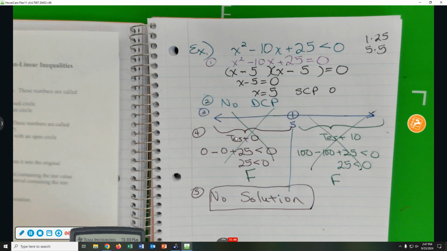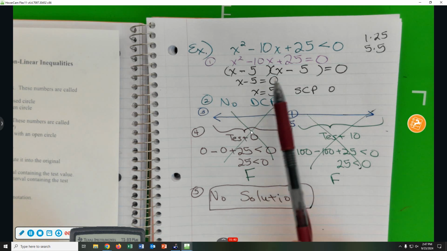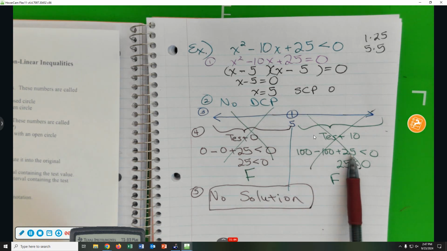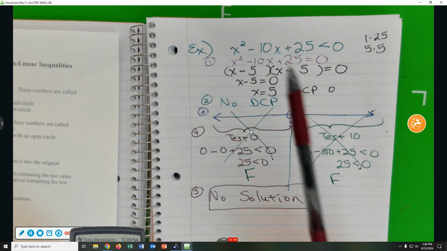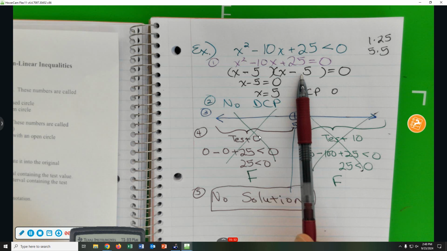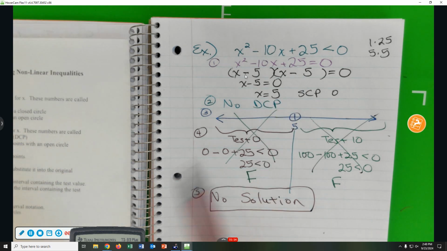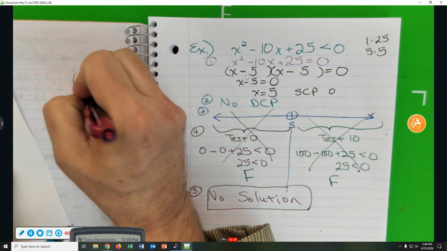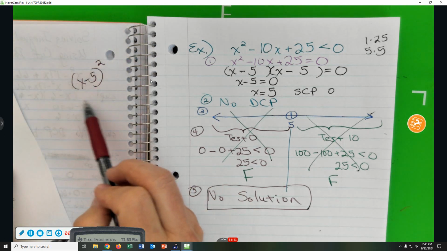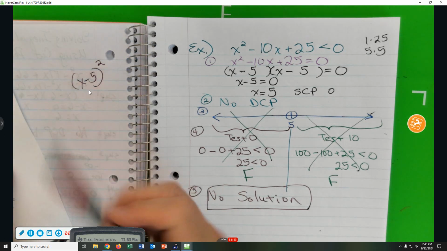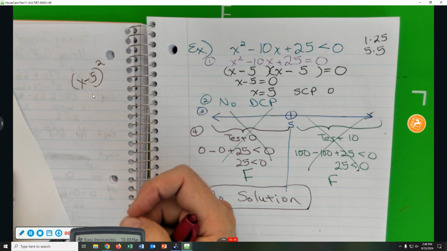And here's the funny thing. You know what causes these funny things like this, the non-alternating? It's the same thing that causes those imaginary numbers, the even exponents. X minus 5 times x minus 5 is the same thing as x minus 5 squared. And when you're squaring something, regardless of what the sign is on the inside, what result are you going to get?